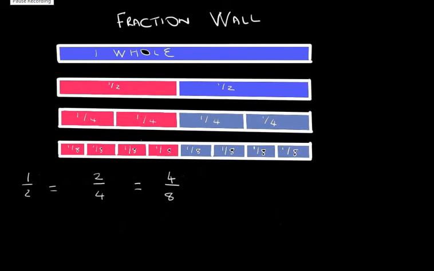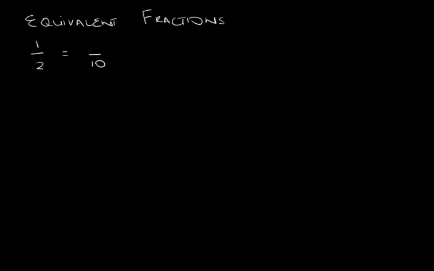If we look at this, we can see that 1/2 is the same size as 2 quarters, which is the same size as 4 eighths. So these fractions are equal in size, or equivalent. Using the same principles, we can say that 3 quarters is the same size as 6 eighths.